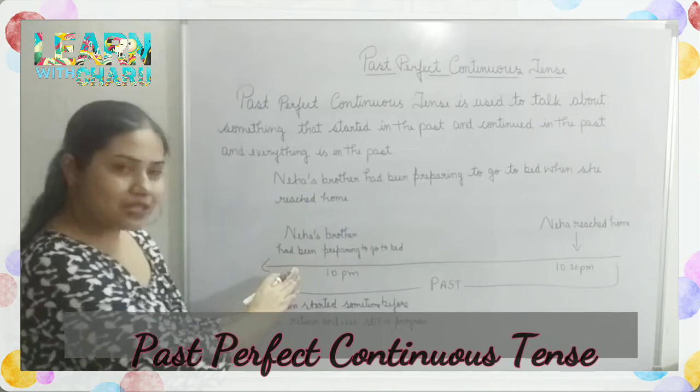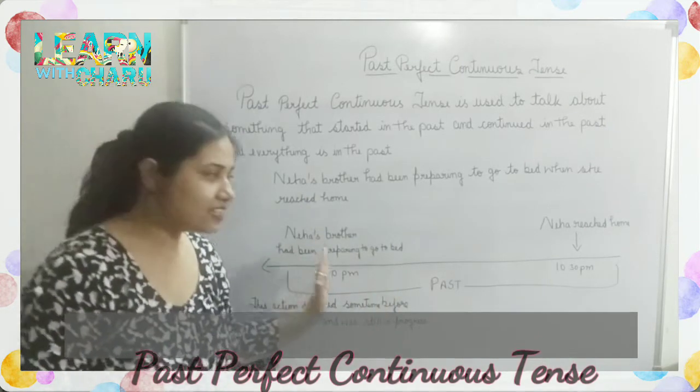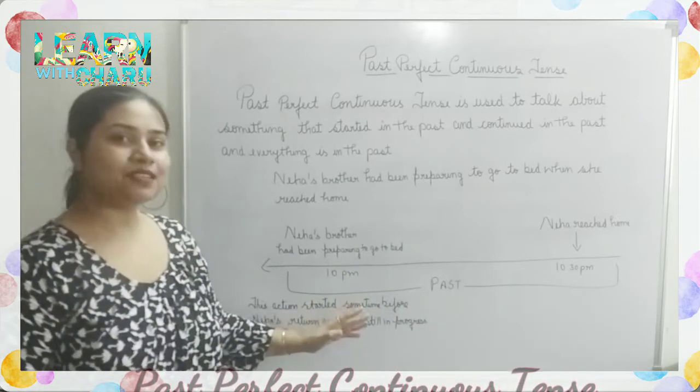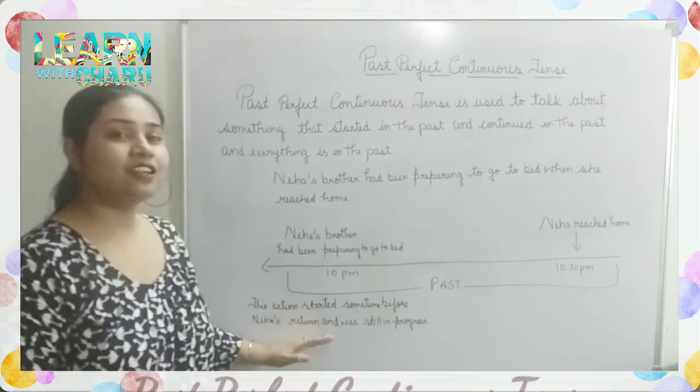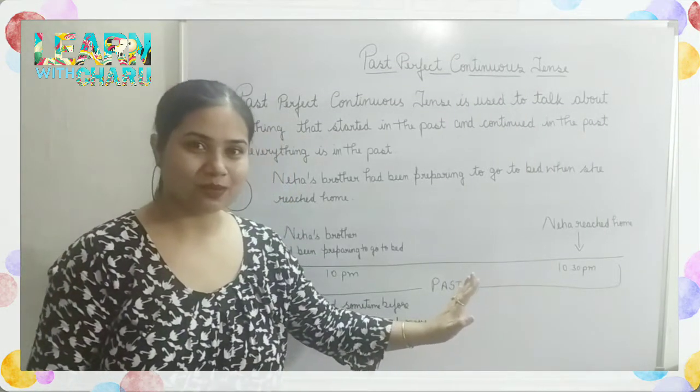So, action started in the past here and it is still in progress. It is continuing here. Okay? So, the action started sometime before Neha's return, was still in progress. Have you got my point?